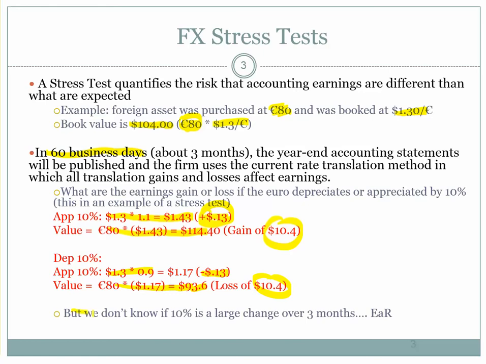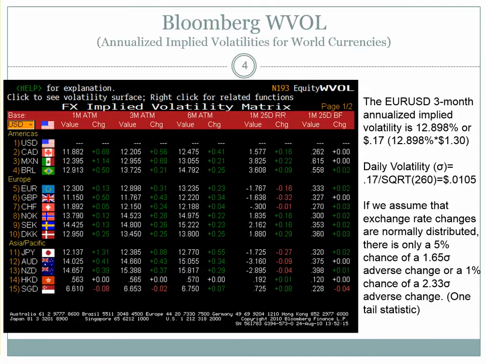So we're going to look at something called EaR, earnings at risk. That looks at the historical volatility of an exchange rate. And then using that, we can forecast the volatility in the future and then adjust it, making some assumptions on the distribution of the exchange rate. So the first thing I would do is maybe go to my Bloomberg terminal.